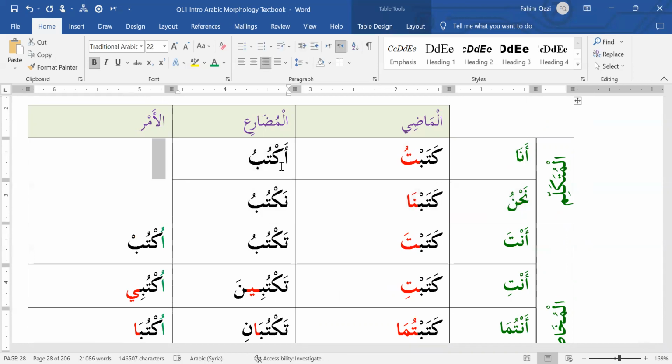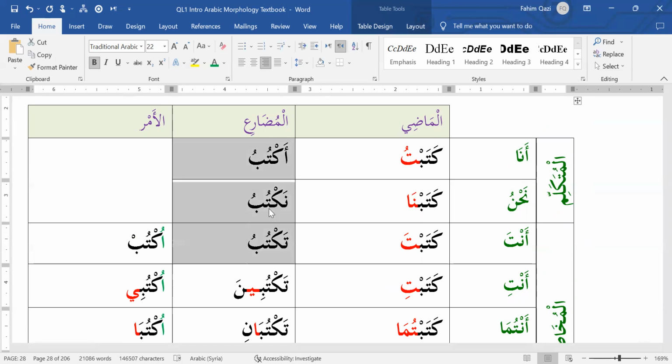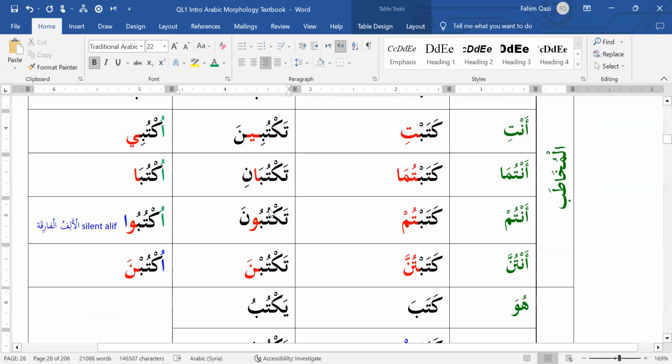How do I know it's nahnu? Because it begins with noon, and the fa'il is nahnu because it begins with noon. And al-mudari always begins with hamza or noon or ya or ta. So the doers of these three are implicit, implied, or damir mustatir.